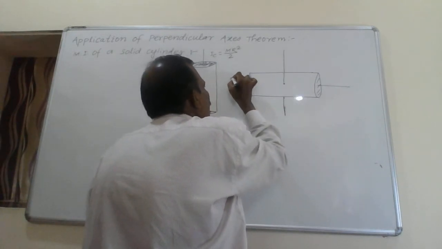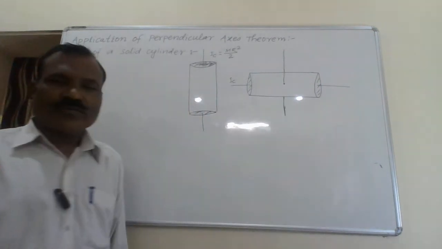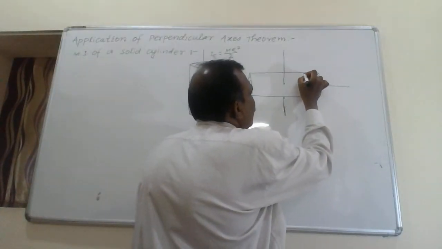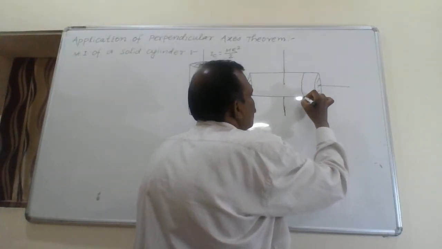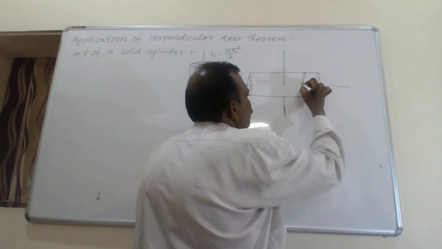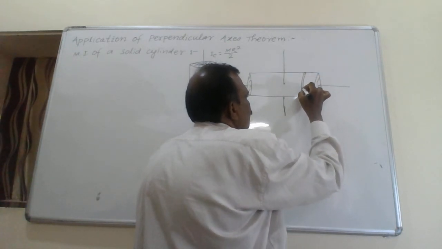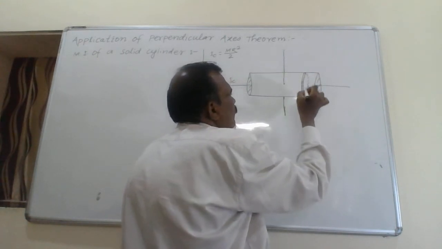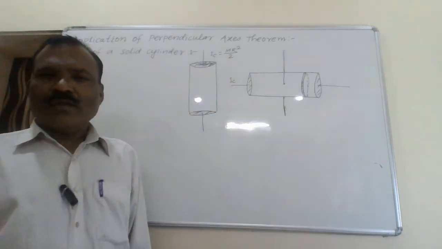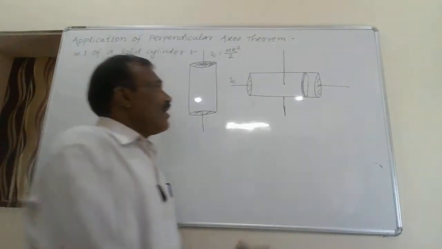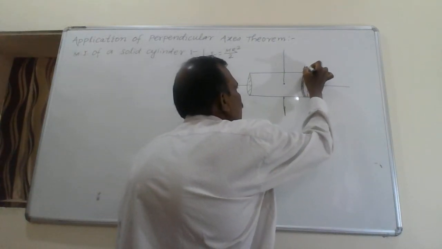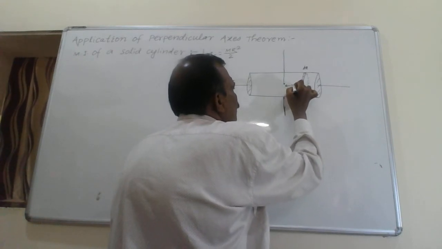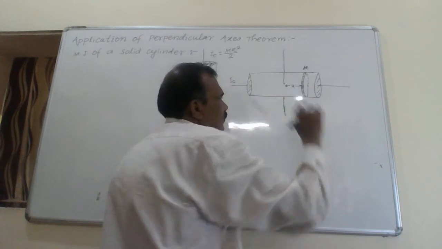This is our IC now. For that purpose, let us consider here a small element of the cylinder. So this is our small element. It is in the form of a disc having the thickness, suppose dx, and this element is at a distance of x from our axis.